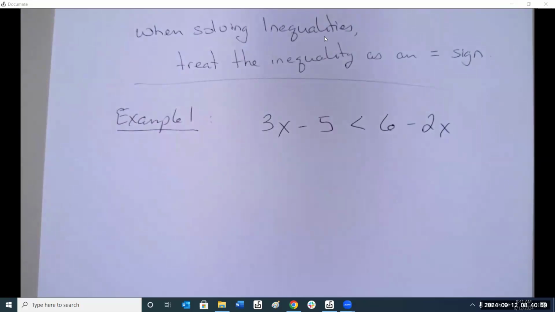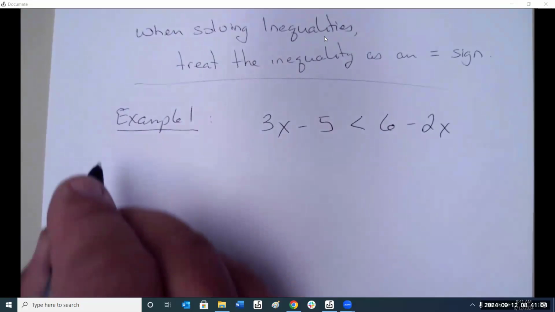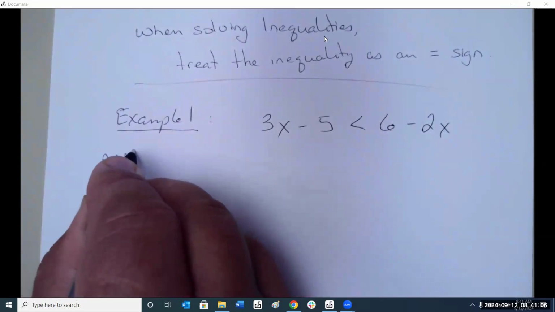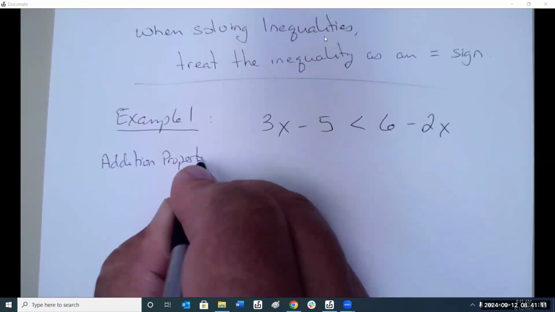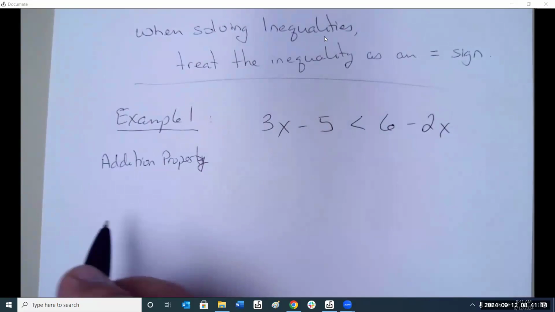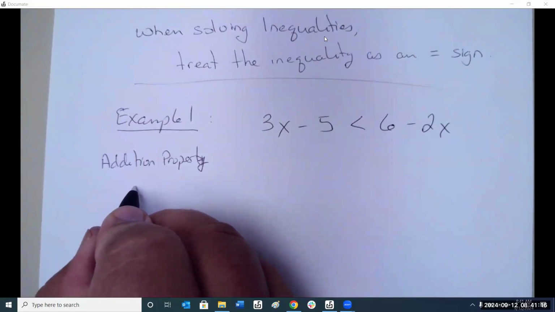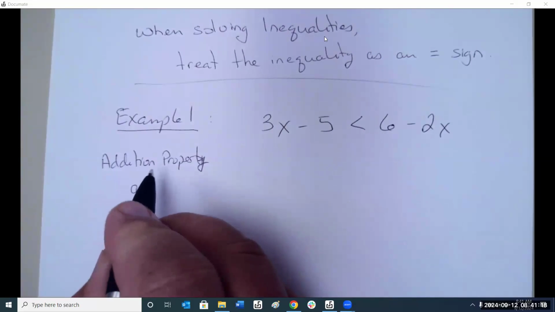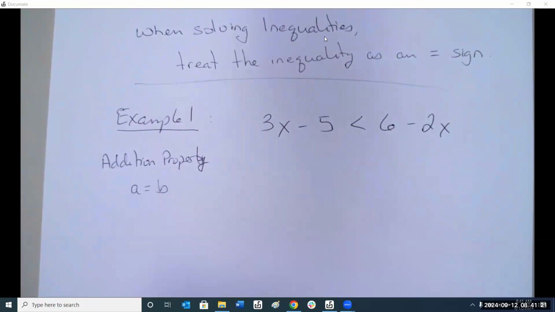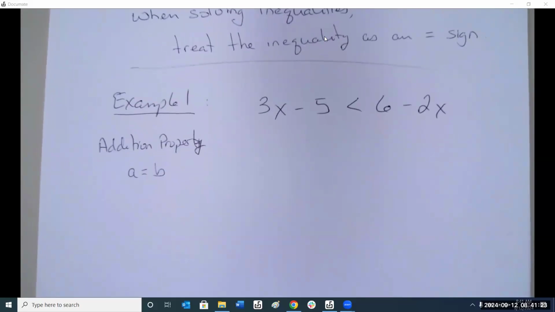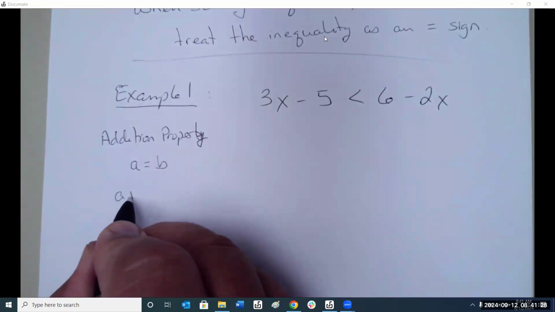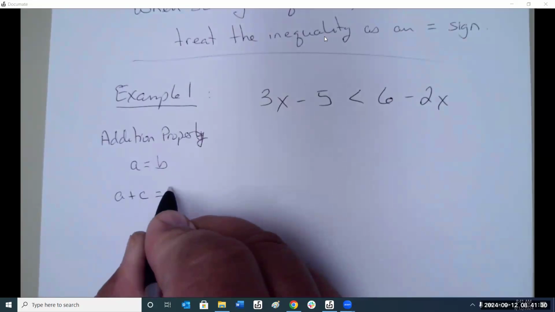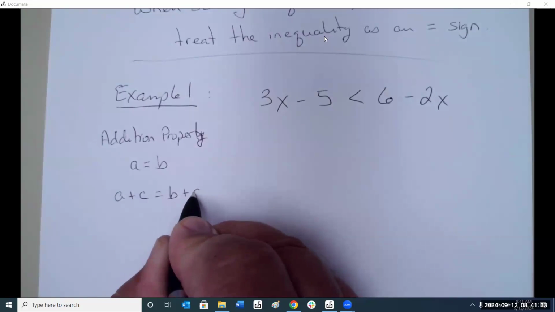The addition and multiplication properties are applicable here as well. It's the addition property of inequalities, which says this. Well, the first one, we know that if this is true, then if I add a number to the left side, I have to do the same thing to the right side.